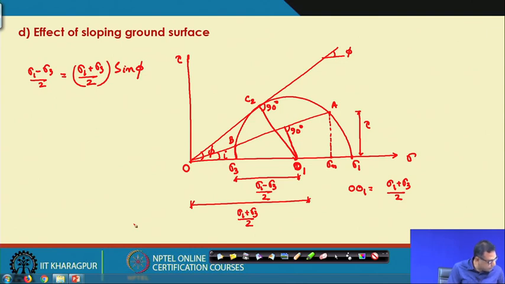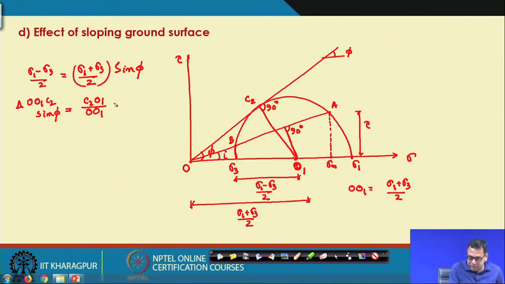If we have a triangle O1 and C2, in this triangle O1 C2, I can write that sin phi is equal to C2 O1 divided by O1. Okay, this is the sin phi.